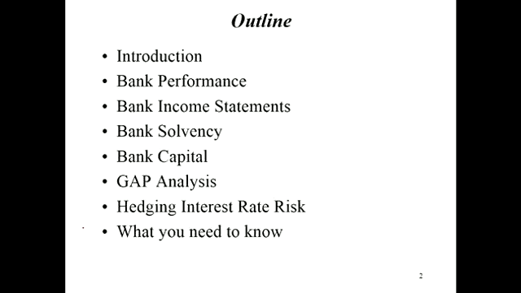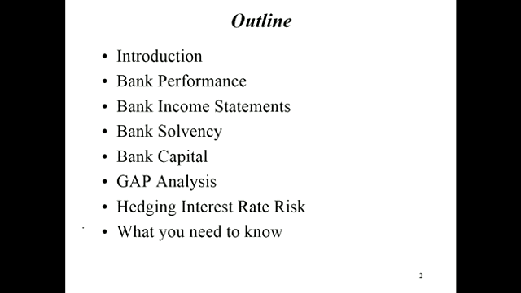So this is an outline. We'll have a bit of an introduction. Then look, very briefly, at some measures of bank performance, how they can measure their financial performance, looking at their income, then bank solvency and capital, which we've talked about before, but we'll cover again from a bank's point of view. And then the gap analysis, in which we're going to use duration.